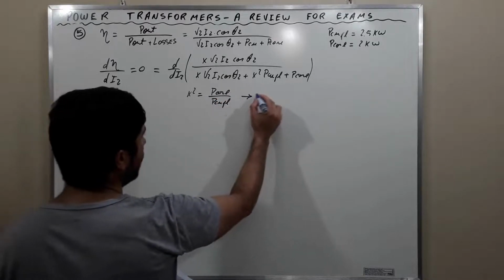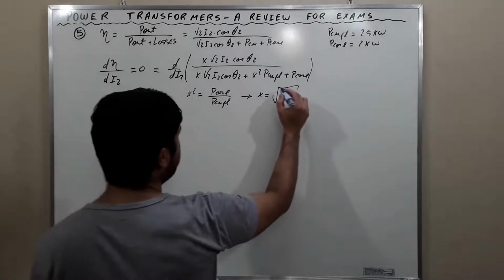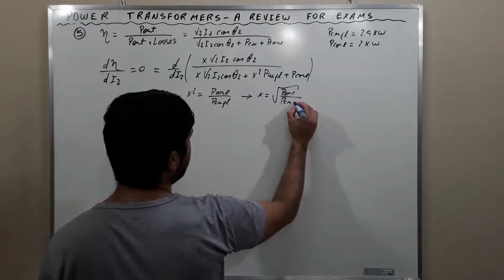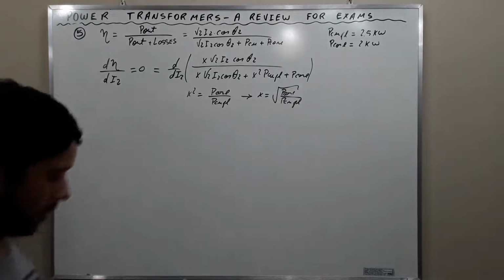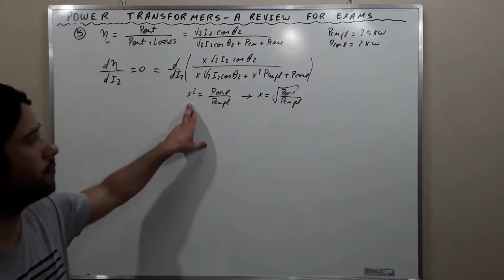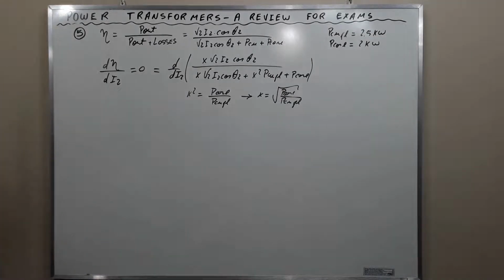Where x is equal to the square root of P core over PCU full load. This is the level of loading that enables maximum efficiency.